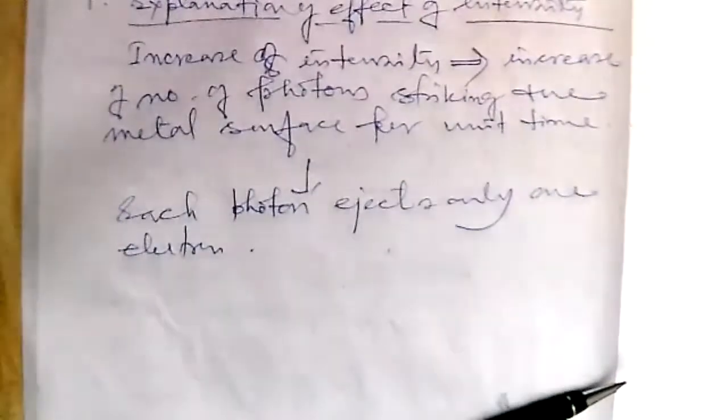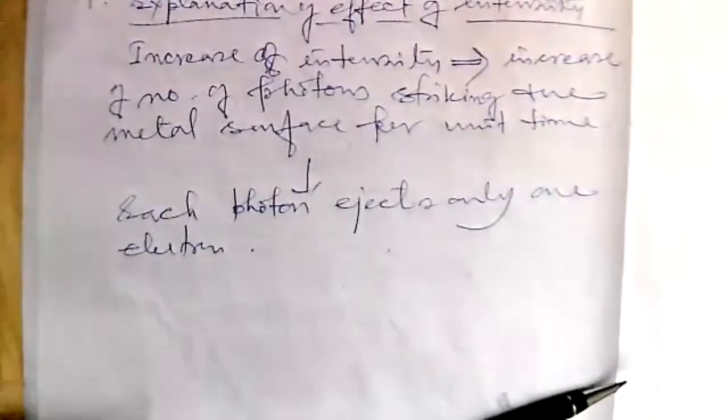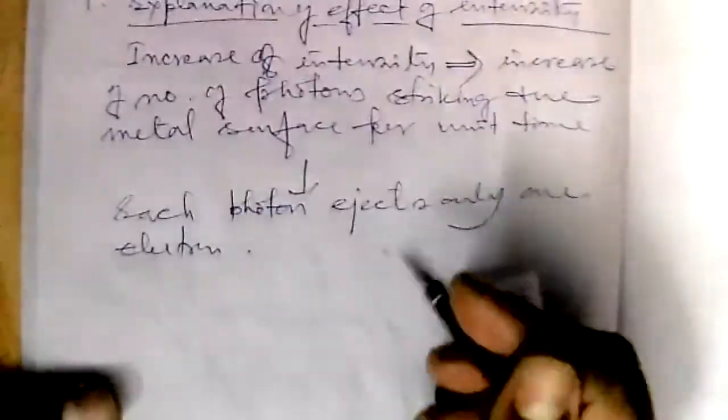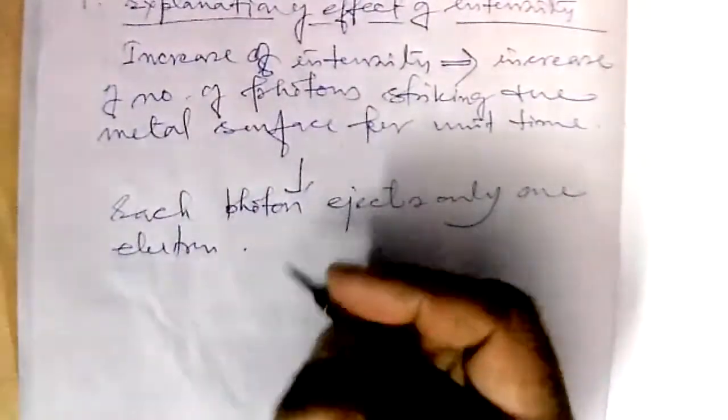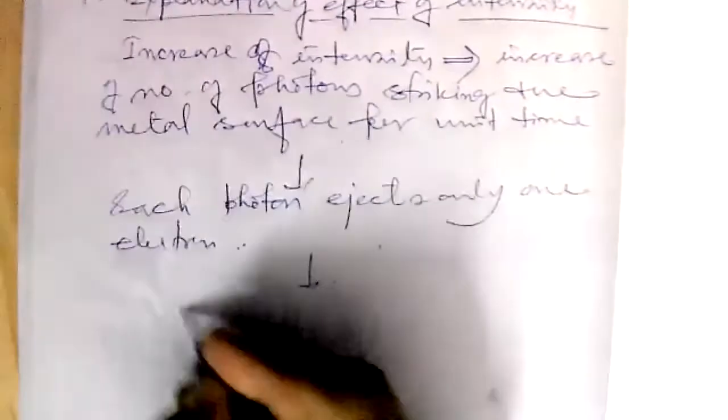So each photon ejects only one electron. So the number of ejected photoelectrons increases.